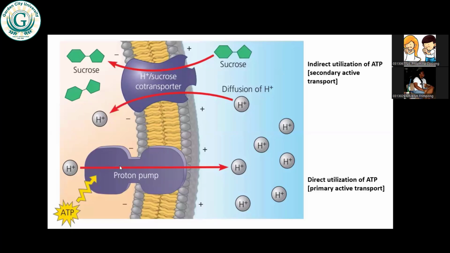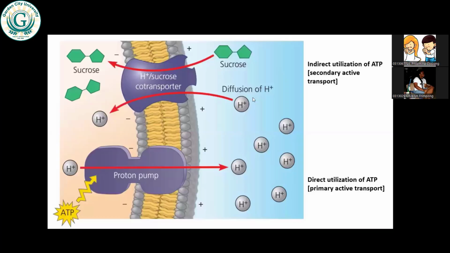So with active transport, to remind you again, we are transporting these molecules from their lower concentration to their higher concentration. Within the cell, you can see the hydrogen ions are 1, 2. Then outside the cell there are 1, 2, 3, 4, 5, 6, 7.